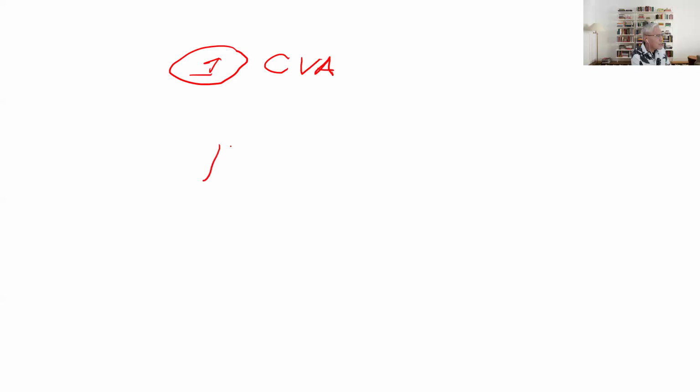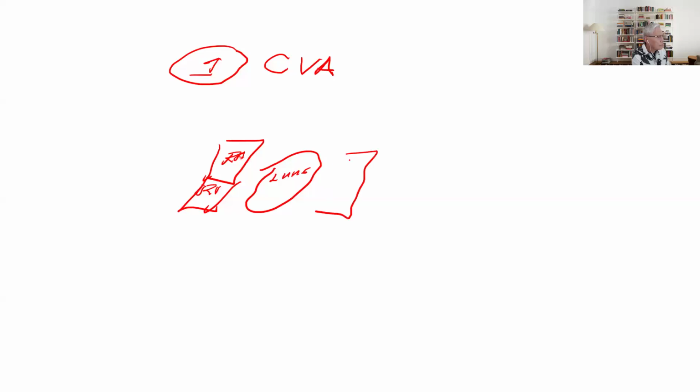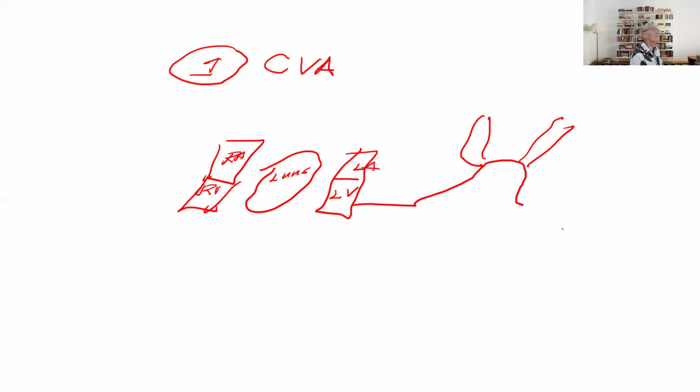Now, if this is the right side of the heart, right atrium, right ventricle, lungs, left atrium, and left ventricle. Okay. So what's the first branch of the left ventricle? The aorta. And the first branch of the aorta actually is the carotid arteries. Okay? All right.